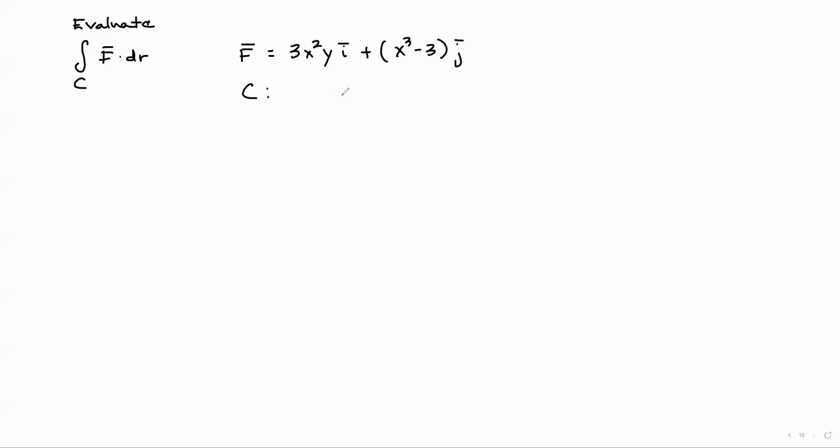And you're told we've got C, and C is defined by r of t equals cosine t, not cotangent, cosine t, comma 2 sine t, where 0 is less than or equal to t is less than or equal to pi over 2.